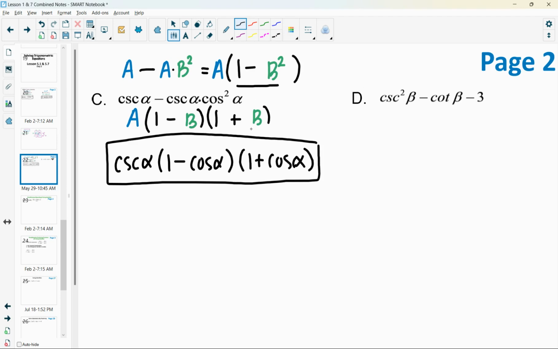And so in this case, I would look to the Pythagorean identities because I see a squared function. The identity with cosecant is that cotangent squared of beta, and I'm just going to change the variable to beta, plus 1 equals cosecant squared of beta, my fault.